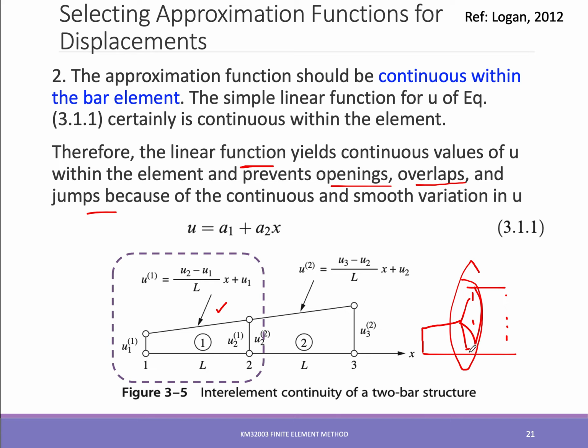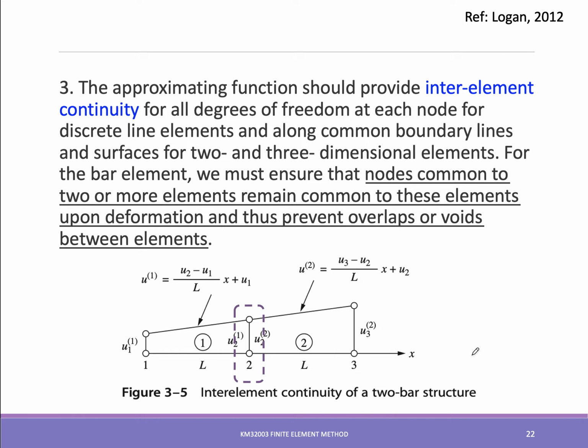When there is go down and go up, meaning to say this point may move to the negative side, so certain points will go backward, certain points go up the other side. It creates an opening or overlapping. You will create this kind of problem if the displacement function is not a continuous value, right?